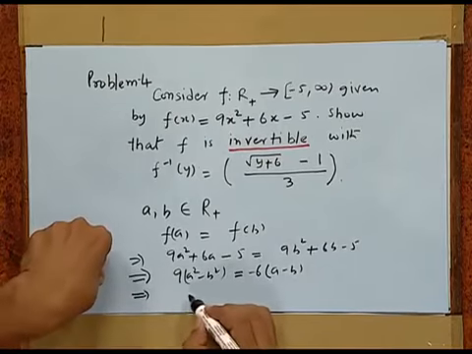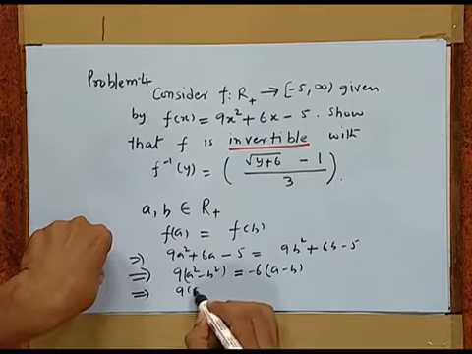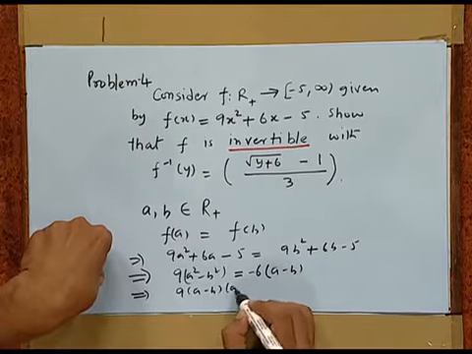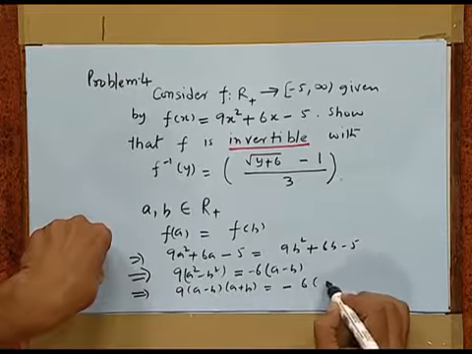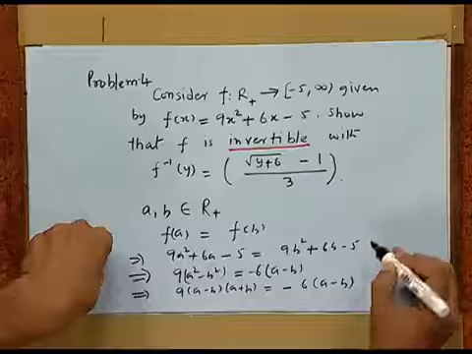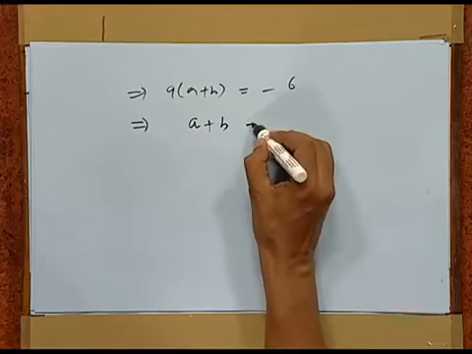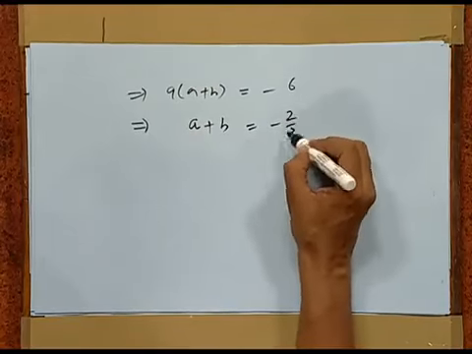That makes 9 times (a minus b) times (a plus b) equal to minus 6 times (a minus b). So we have 9 times (a plus b) equal to minus 6, so that a plus b is minus 2 by 3.